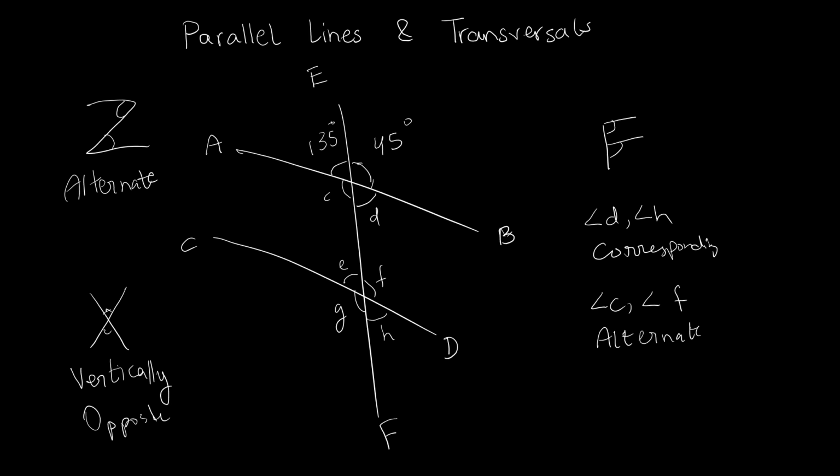Now, since 135 and D are vertically opposite, D will be the same. Similarly, C would be 45 degrees. Here it seems like this one is an obtuse angle, but these are not drawn to scale. So just focus on the values, not on what it apparently looks like. Appearances can be deceptive.